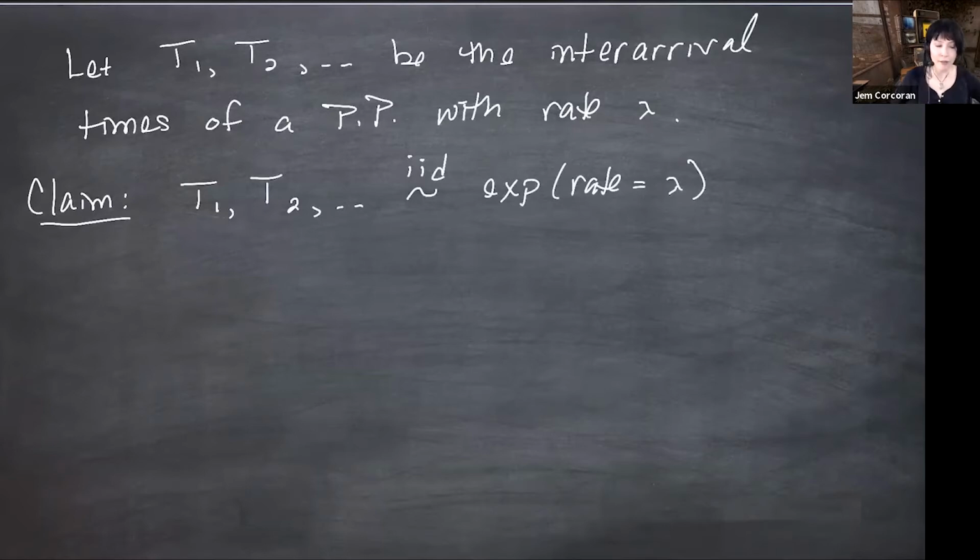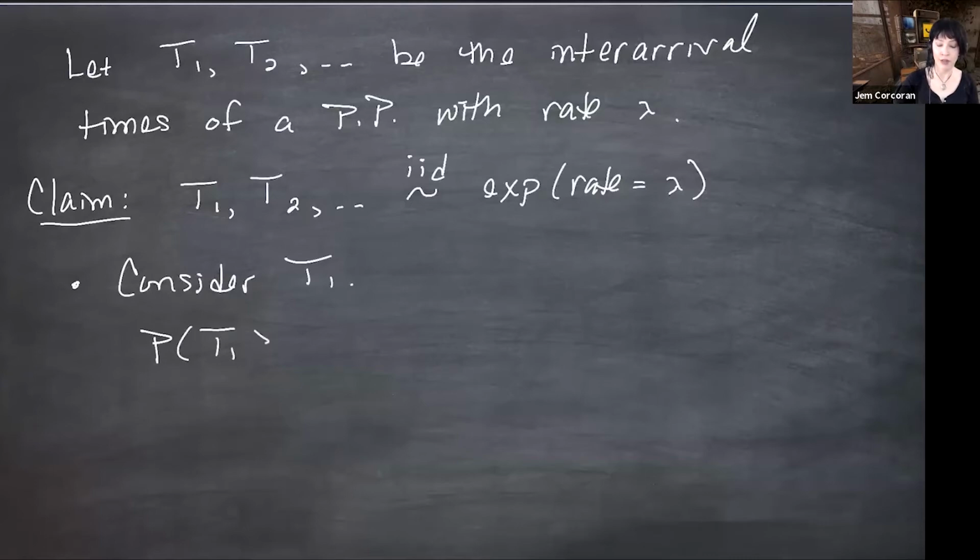Okay, so let's show it. We already showed the first one is exponential, but it didn't take very long, so I'll do it again. Consider T1. We looked at the tail probability, the probability that T1 is greater than some t. Here's a number line and here's a t, and the time of the first inter-arrival time is the same thing as the first arrival time.